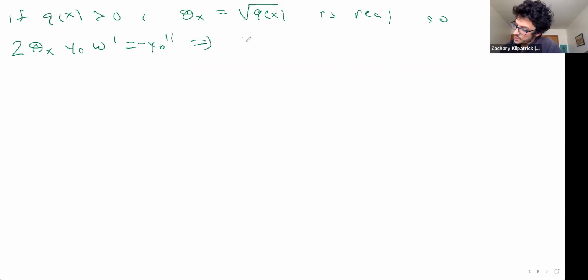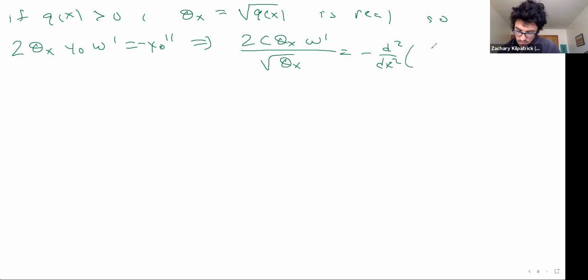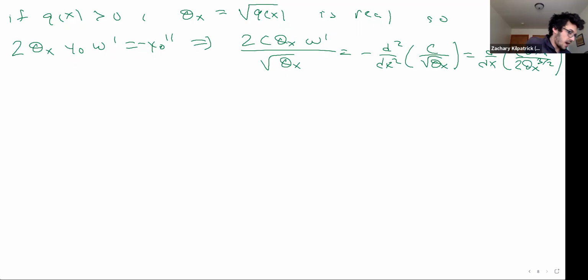This implies that 2c theta_x w prime over square root of theta_x is equal to minus d squared dx squared of c over square root of theta_x, which is equal to d dx of c theta_xx divided by 2 theta_x to the 3 halves, just by working this out.